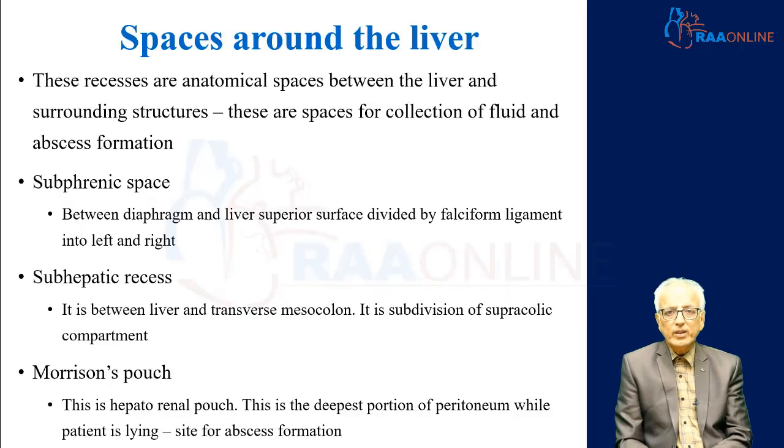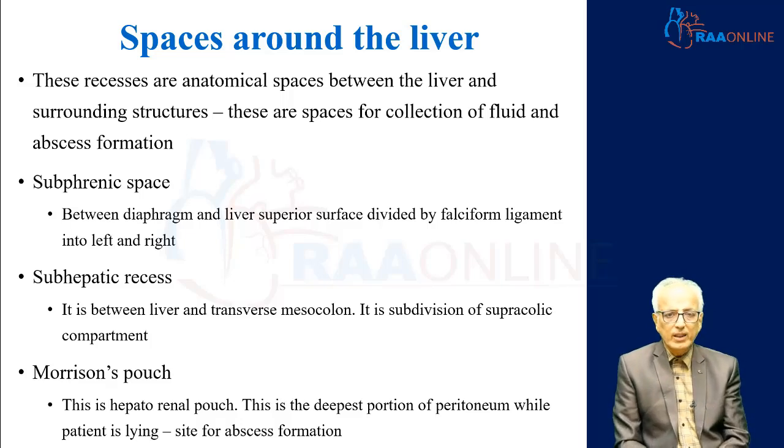Now coming to the spaces around the liver. These recesses are anatomical spaces between the liver and the surrounding structures. These are spaces for collection of fluid and abscess formation, which is very important in clinical practice. Subphrenic space is the space between the diaphragm and the liver's superior surface, and it is divided by the falciform ligament into right and left subphrenic space.